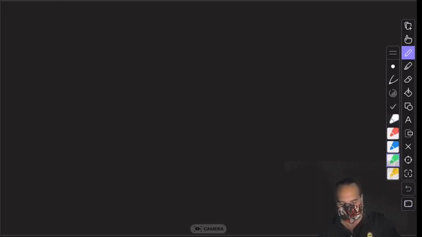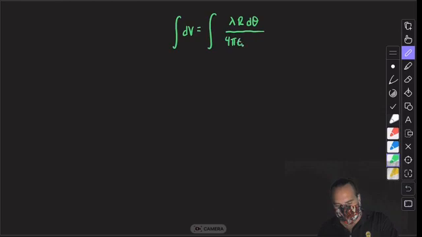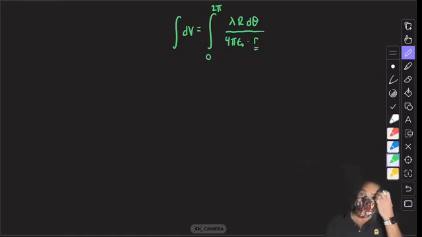So I have the integral of dV equals the integral of lambda r d theta over 4 pi epsilon naught times little r, evaluated from 0 to 2 pi. Now, before we integrate, we have to look for whatever relationship r has with theta.